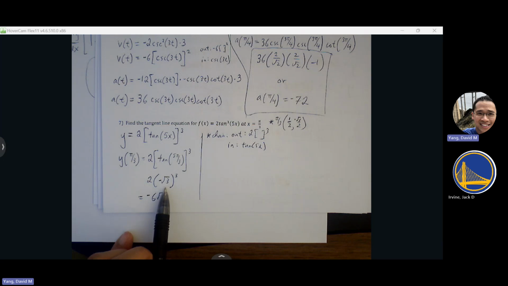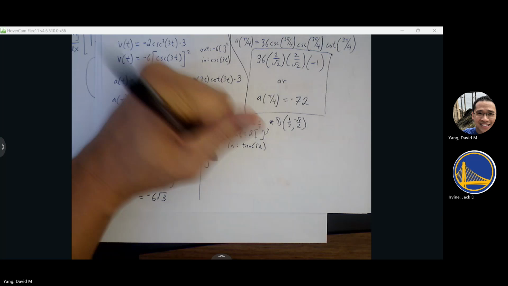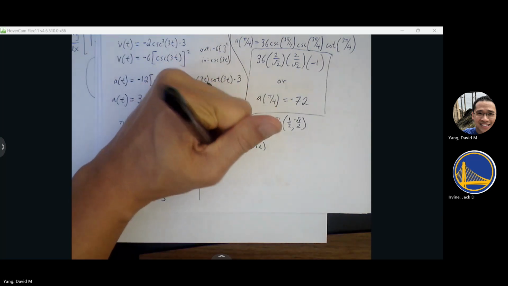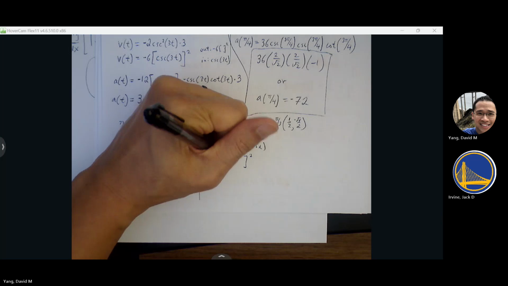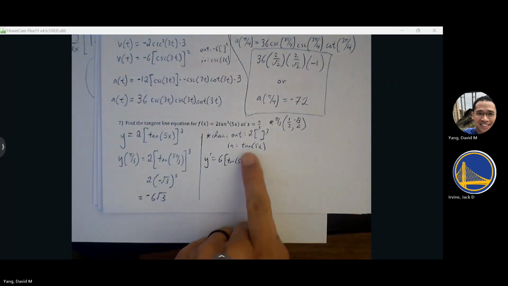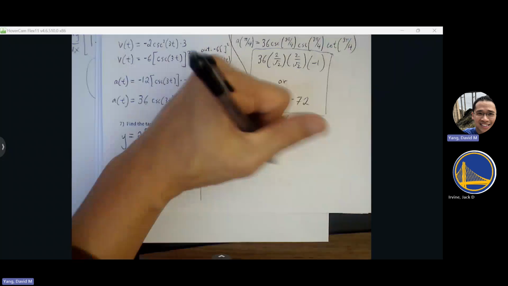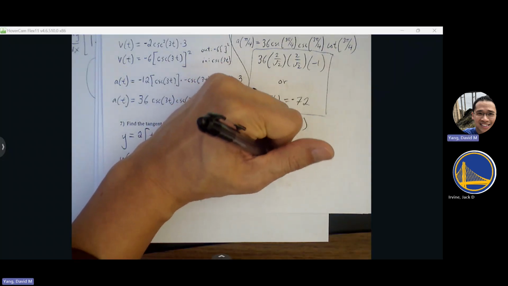So it'll be 3√3. Okay, do I have to simplify that much? No, you can leave it like that. Okay. And then the inside's derivative: tangent becomes secant squared u times u prime.